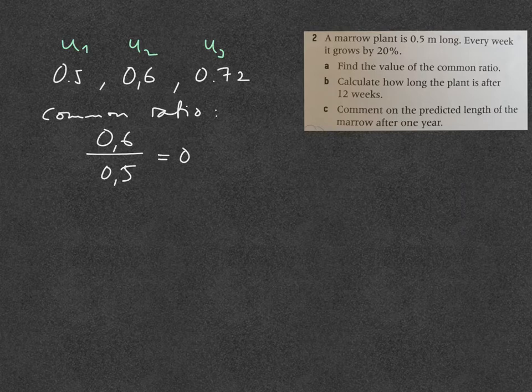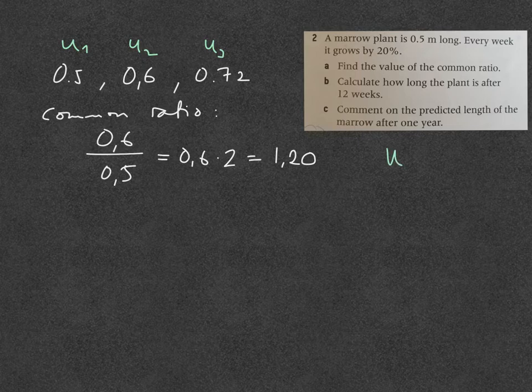So we have 0.6 times 2 equals 1.2. So this is our common ratio. And you may actually recognize this as what we know as growth factor. If you know that something increases 20%, you can multiply with 1.20. So this is really the same thing.